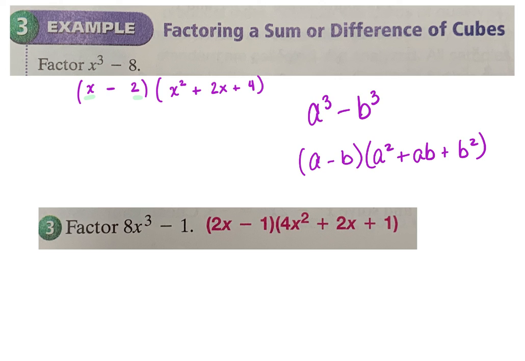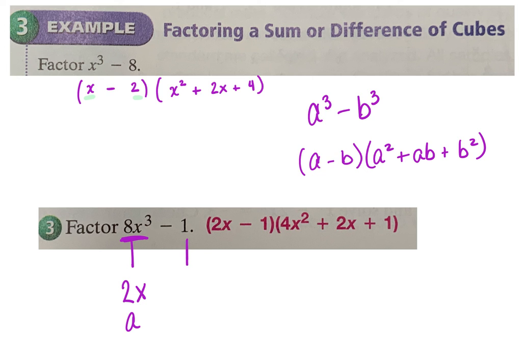The first thing you want to do is establish what your a and b are. So you're going to look at these individually. What is the cube root of 8x cubed? The cube root of 8 is 2. The cube root of x cubed is x. 2x times 2x times 2x is 8x cubed. Okay? So this is my a.